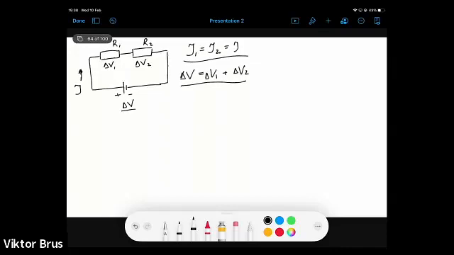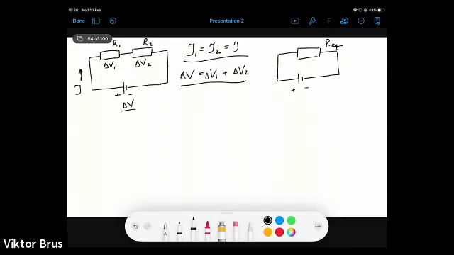Now the question is: is it possible to substitute these two resistors with one resistor, a so-called equivalent resistor?